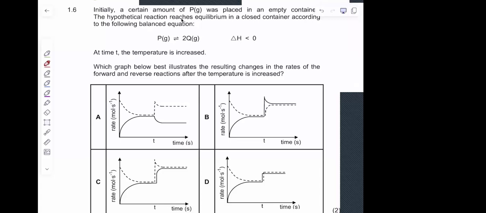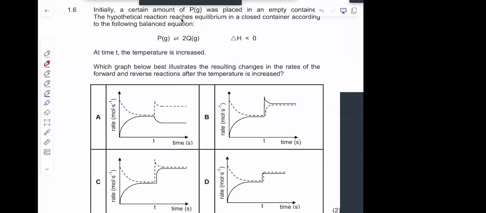Please make sure you submit your answer as soon as you can. 10 seconds to go.